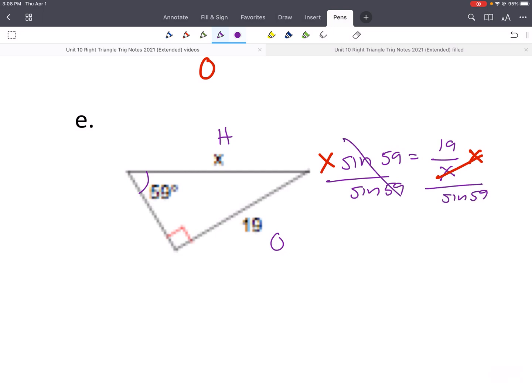So we'd end up getting x is equal to 19 over sine of 59. And we'd get x is approximately equal to 22.17.